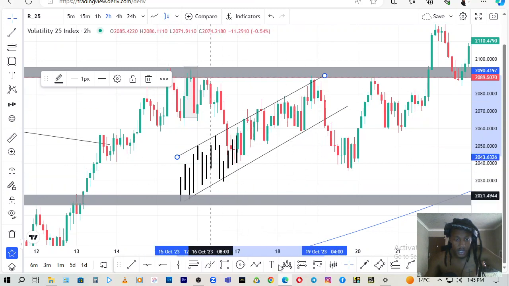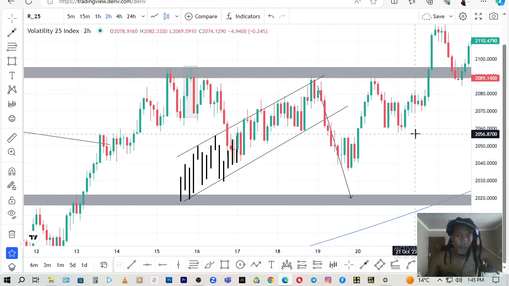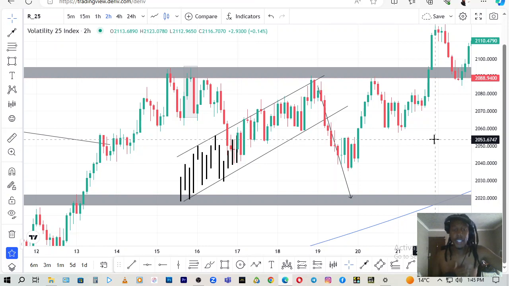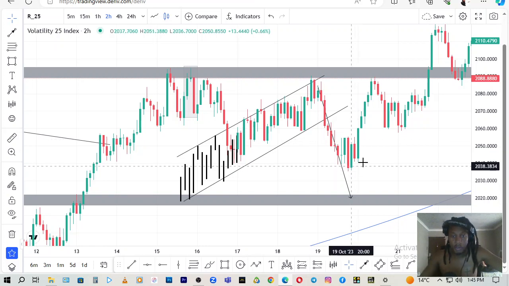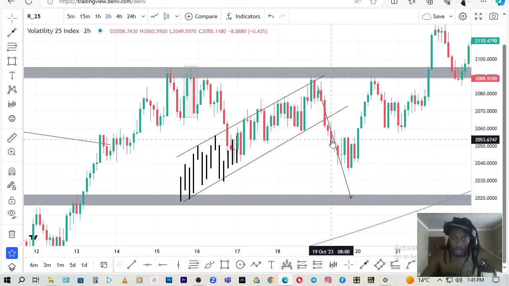To come to this area over here. Overall, in this case, I didn't have such a beautiful structure, so I don't see. That's why I couldn't trade this market.